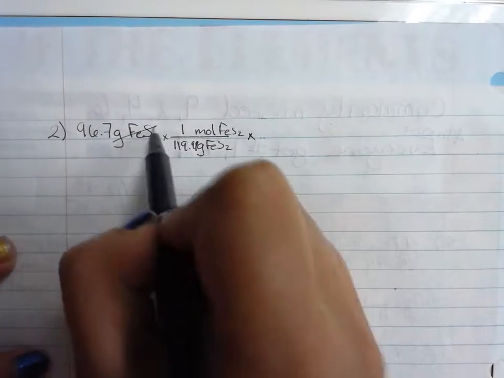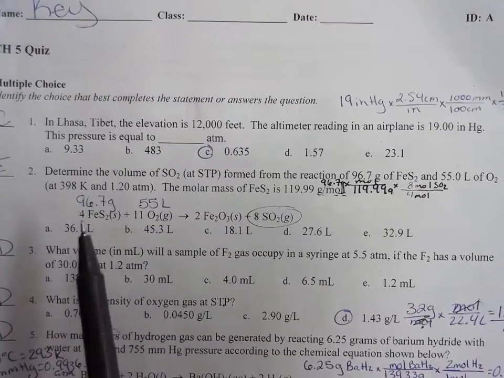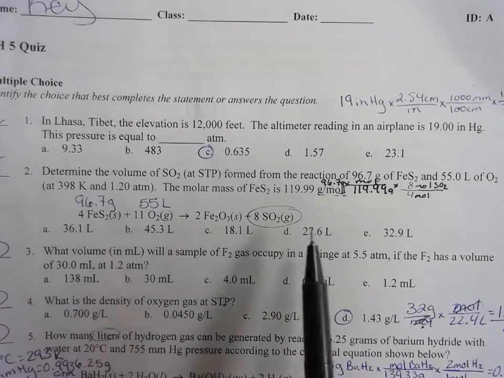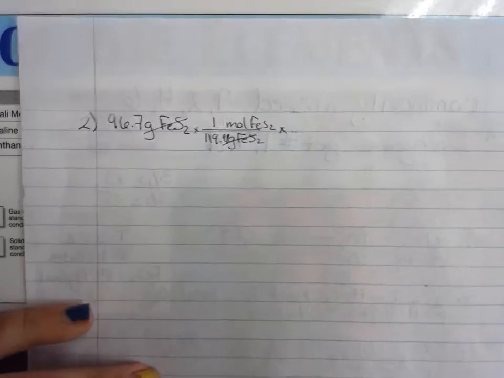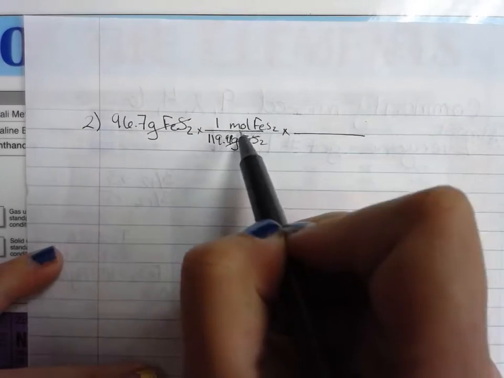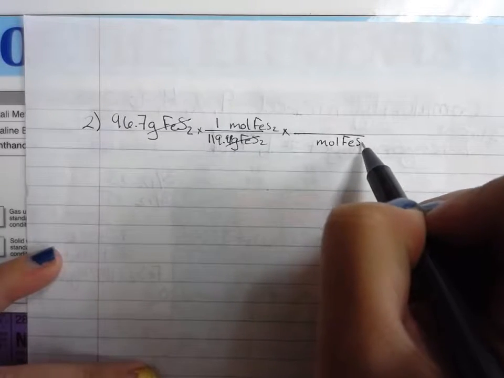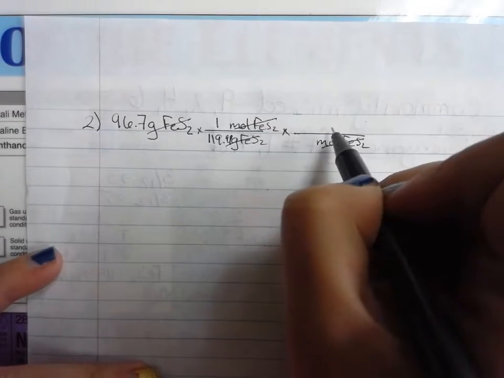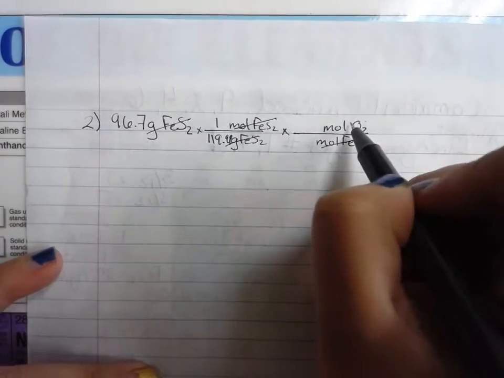Once we have moles of our reactant, we just go to our chemical equation. We can see that 4 moles of reactant makes 8 moles of product. So that's the next thing we're going to plug into our dimensional analysis. We want to cancel out moles of FeS2, and we want to get to moles of SO2.